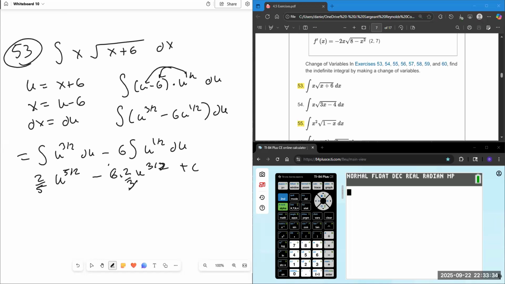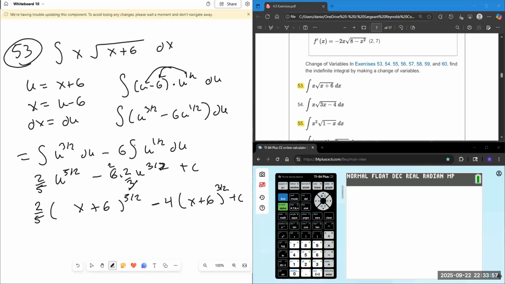This 3 will go into there 2 times. This is 2/5 of something to the 5/2 minus 2 times 2 is 4, something to the 3/2 plus c, and those somethings are x plus 6. So 2/5 (x plus 6) to the 5/2 minus 4(x plus 6) to the 3/2 plus c.